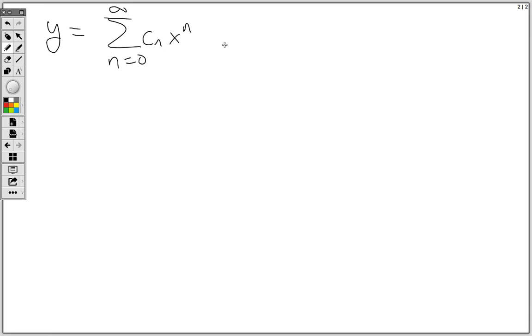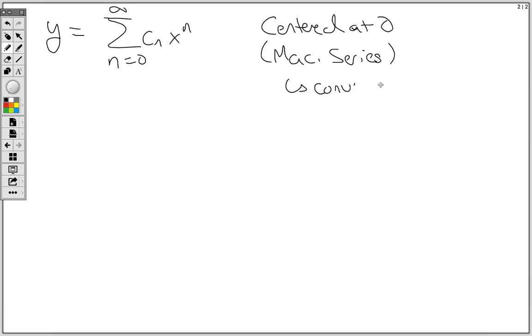If I write y that way, we're going to center it at 0, so this is really a Maclaurin series. And we're going to assume that this converges for some positive radius r, which could be infinity.